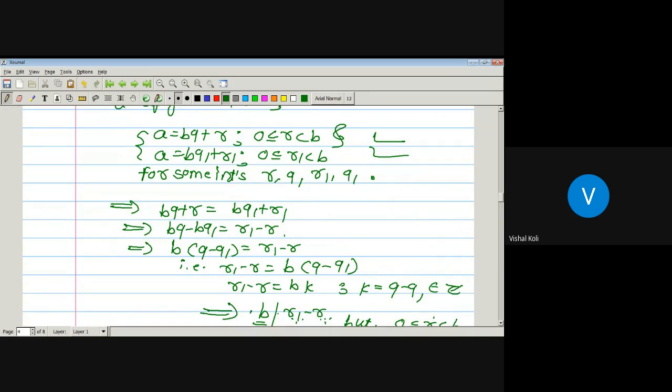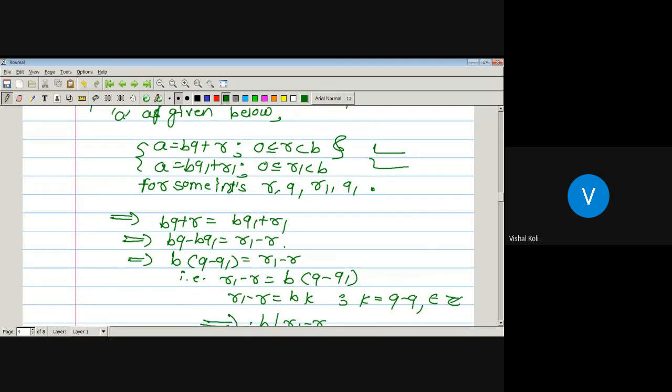So this one is not possible. As this one is not possible, it means there are no two different representations for the integer A. So here BQ1 plus R1 must be equal to BQ plus R only. It means Q1 is Q and R1 is R, and that proves the uniqueness of our theorem.